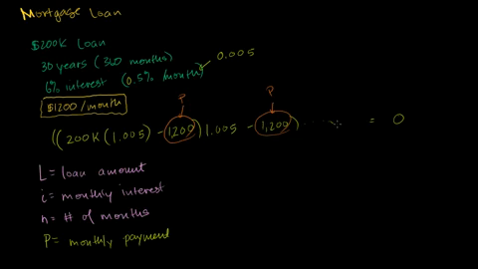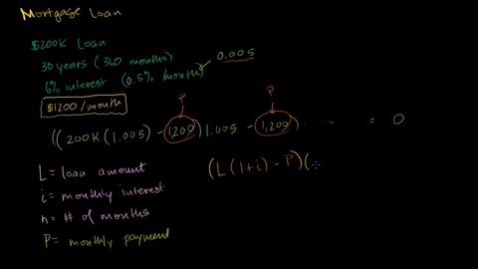So this same expression I just wrote up there, if I wrote it in abstract terms, you start off with a loan amount L. After 1 month, it compounds, so you multiply it times 1 plus I. I in this situation was 0.005. Then you pay a monthly payment of P, so minus P. So that's at the end of 1 month. Now you have some amount still left over of your loan.